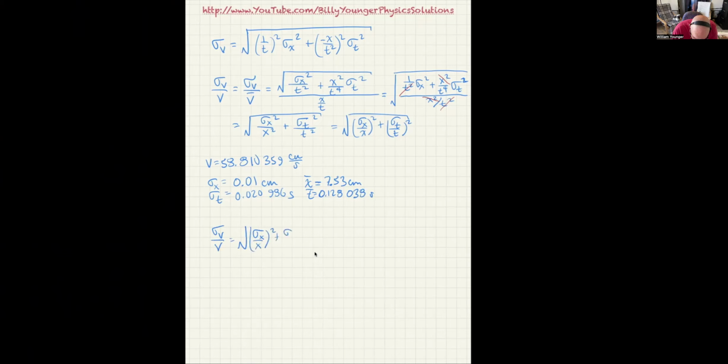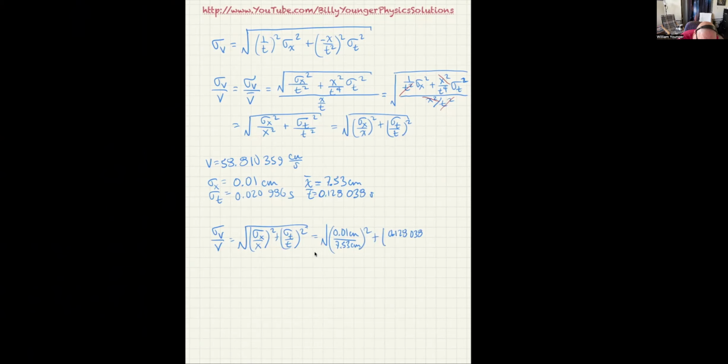is equal to the square root of my fractional uncertainty in x squared plus my fractional uncertainty in t squared. In this case, we're going to take 0.01 centimeters and divide it by 7.53 centimeters, and we're going to square that. Plus we're going to take 0.128038 and divide it by our best estimate.